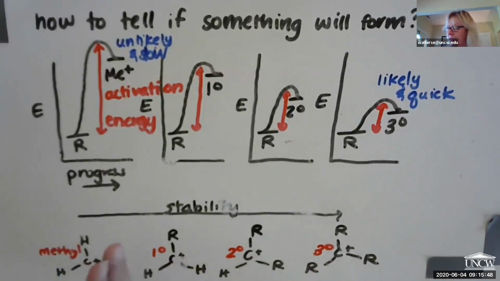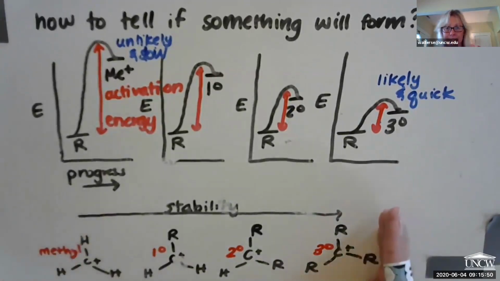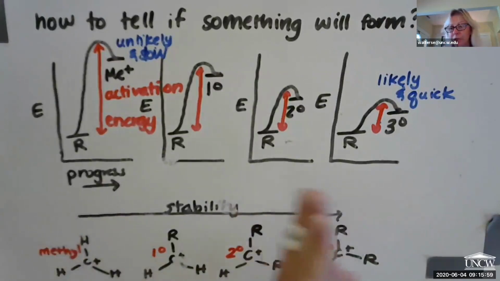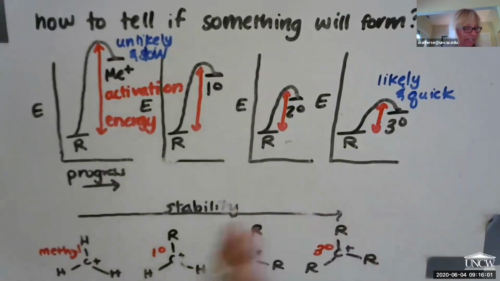So you would go from low stability to high stability. You would never take a tertiary carbocation and destabilize it through rearrangement. You're always trying to rearrange to get towards the right-hand side of this stability. Are there questions about that before we look at the two kinds of ways that these carbocations will rearrange?